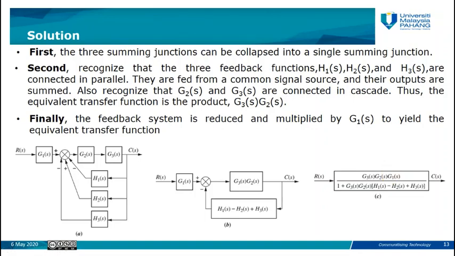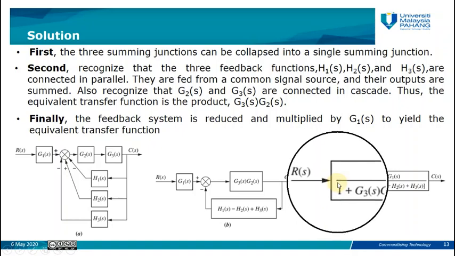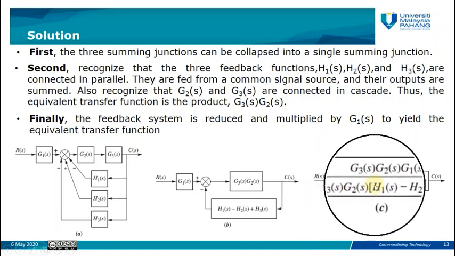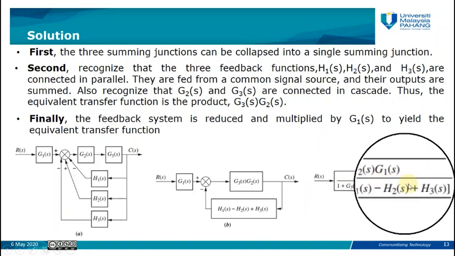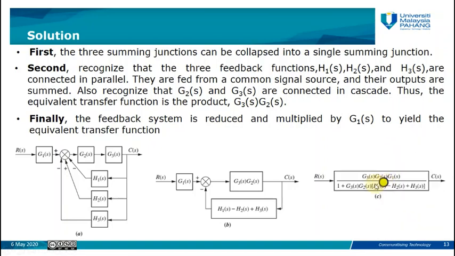By using this block, it's easy to analyze the control system or its transfer function, so we can know if this control system is stable or not, what is the value of the transient response, what is the value of the steady state response, and so on. I hope it's clear how to simplify this complicated block diagram.